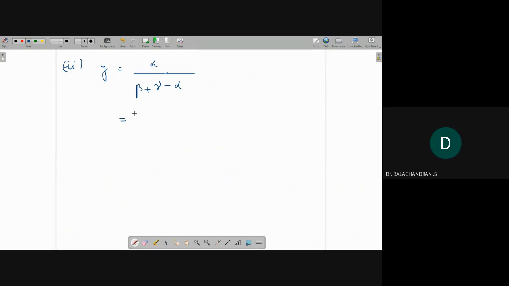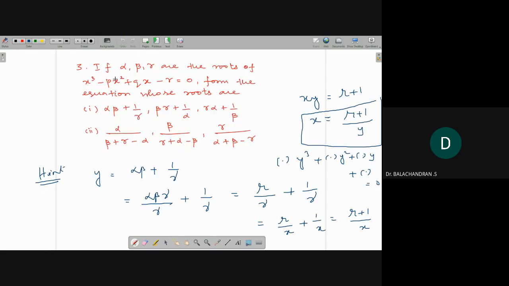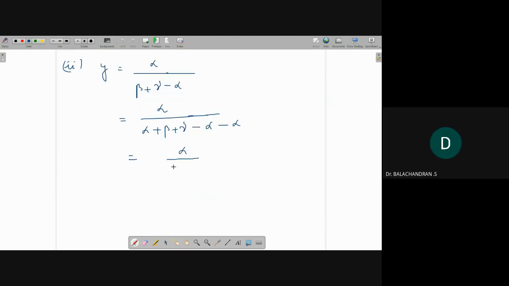So S1 is alpha plus beta plus gamma, which is plus P, so P minus 2 alpha. Instead of alpha, replace by x, so P minus 2x.